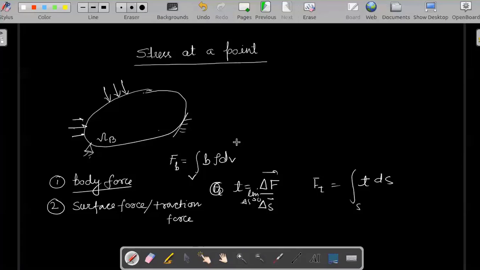Now how this force gets transmitted internally, that we have to understand, and for that what we do is make some hypothetical section and consider some internal portion.